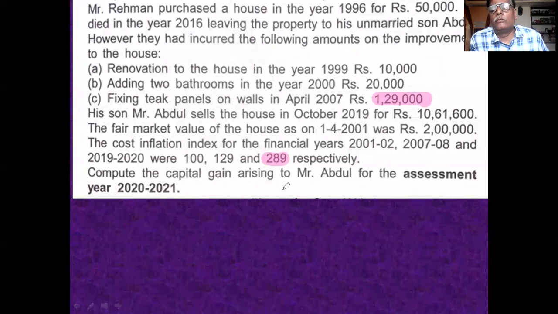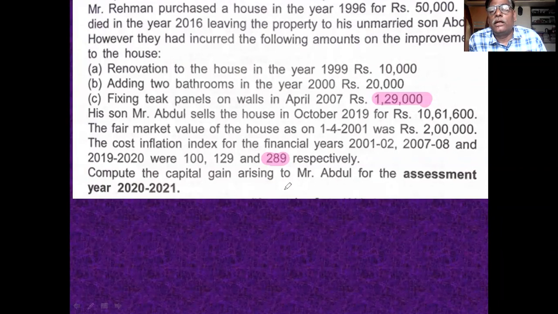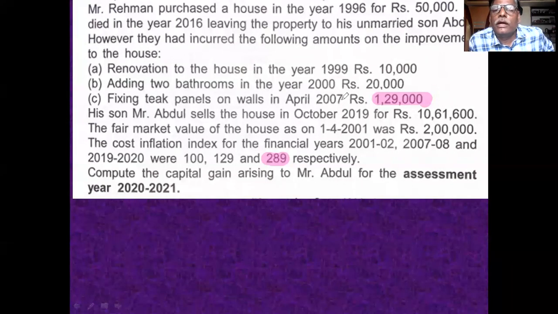Then you have to divide this amount by the index related to the year of improvement. Year of improvement is 2007-8; April 2007 is nothing but 2007-8. The 2007-8 index is 129. So you take this amount, multiply by 289, divide by 129. You will get the indexed cost of improvement.